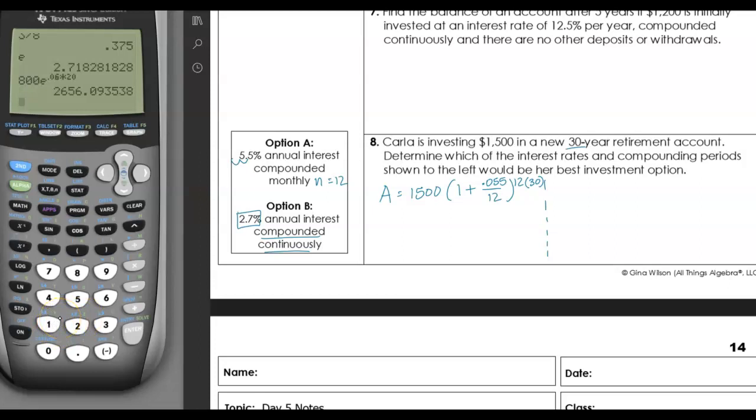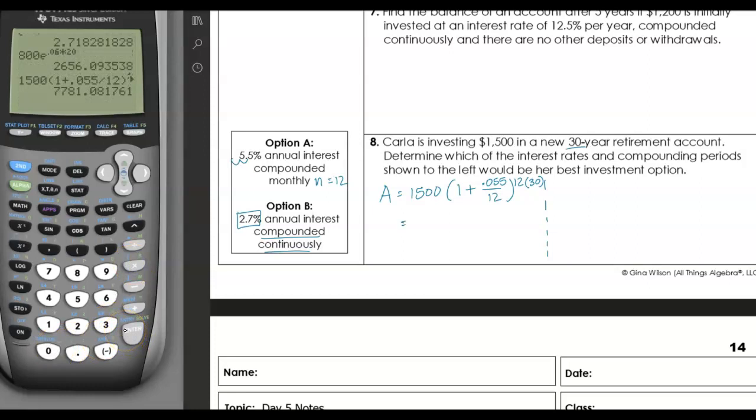This isn't to determine the exact amount, because with retirement accounts you're putting money in every paycheck. This is just her trying to decide which one to use. So we have 1,500 times 1 plus 0.055 divided by 12, raised to the power of 12 times 30.